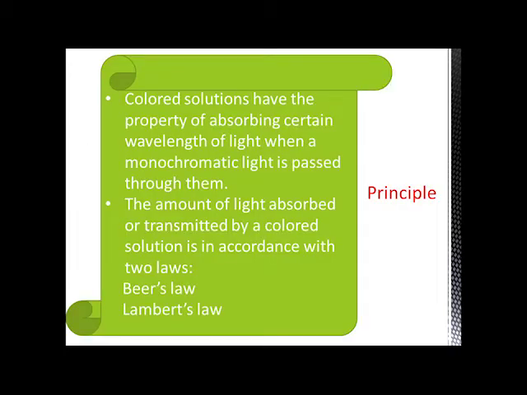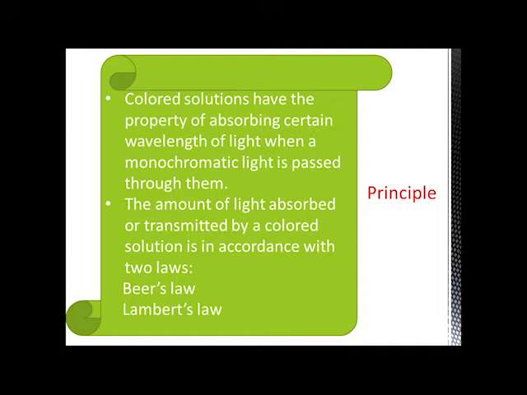Colorimetry is based on the principle that a colored solution having a particular analyte has the property of absorbing certain wavelengths of light when a monochromatic light is passed through it. So the analyte present in that particular solution, or the particular amount or concentration of substance in that solution, absorbs the light that enters as monochromatic light.